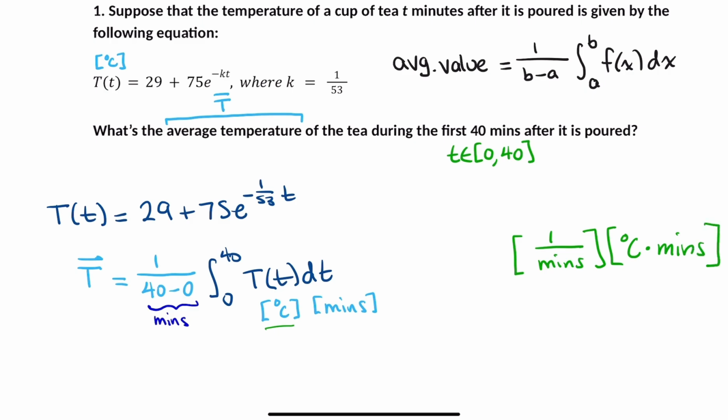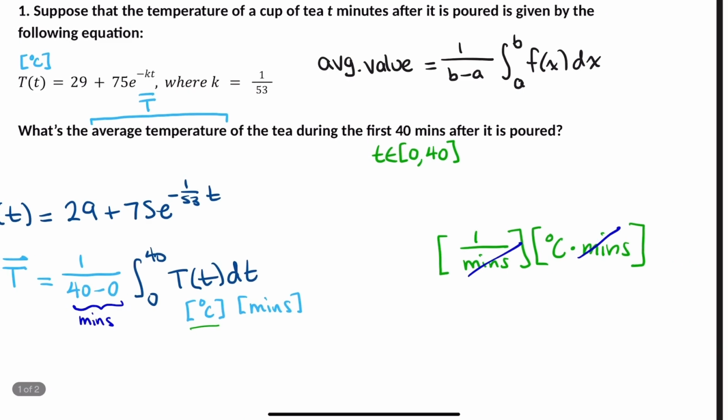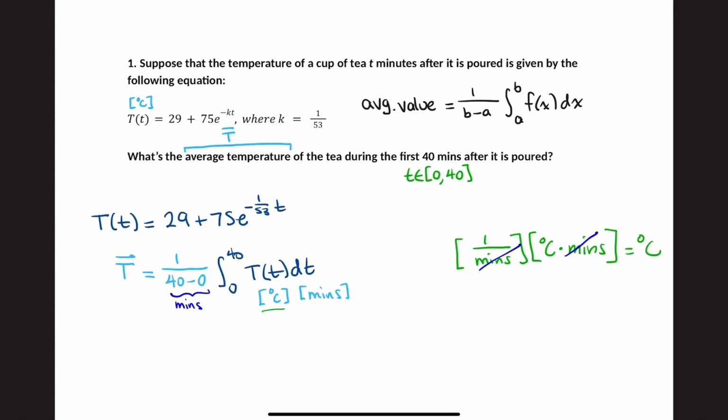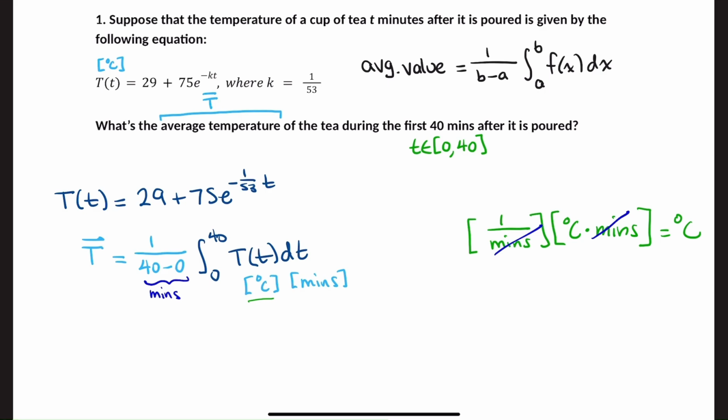And as we can see, the minutes are simply just going to cancel out, and we're going to be left with an answer in degrees Celsius, which is exactly what the question is asking for. So we already know this is going to work out perfectly. So try to understand why this equation works and how it works rather than just memorizing the steps.